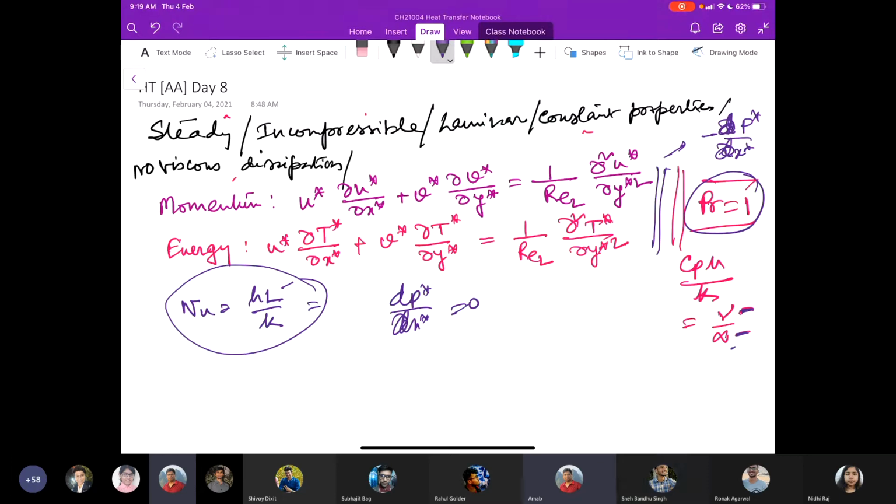Say the flow over a flat plate, and then what happens near the free stream region? We discussed this again, that you have U equals U infinity, a constant value.